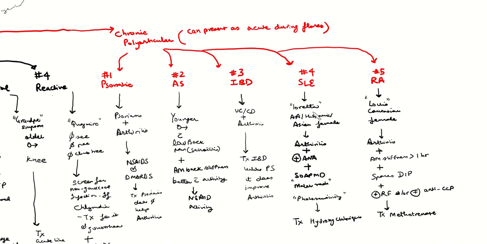So Loretta from Family Guy for lupus and Lewis from Family Guy when it comes to rheumatoid arthritis. Okay, with rheumatoid arthritis, they'll give you AM stiffness, morning stiffness greater than 1 hour, spares the DIP, rheumatoid factor, and anti-CCP positive. And then they may give you rheumatoid nodules, which is gonna make this more rheumatoid arthritis. Now, how do we treat it? Methotrexate.